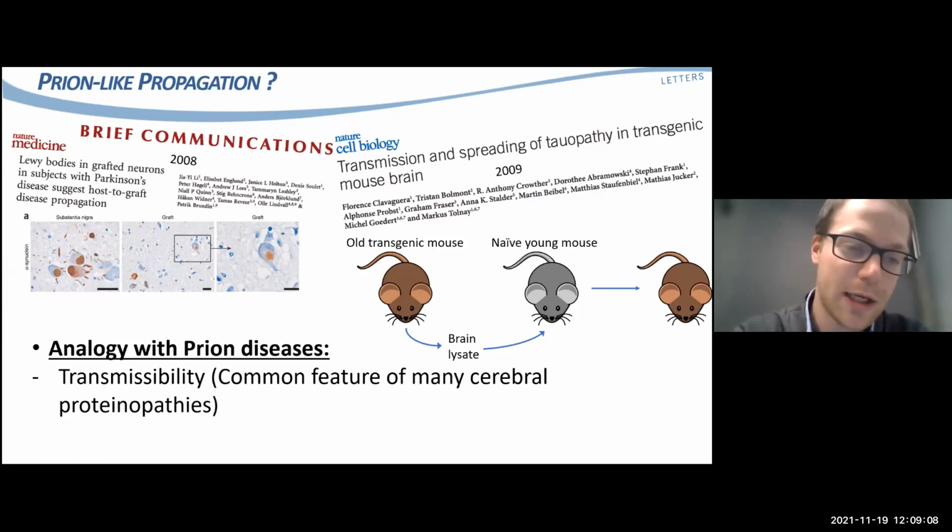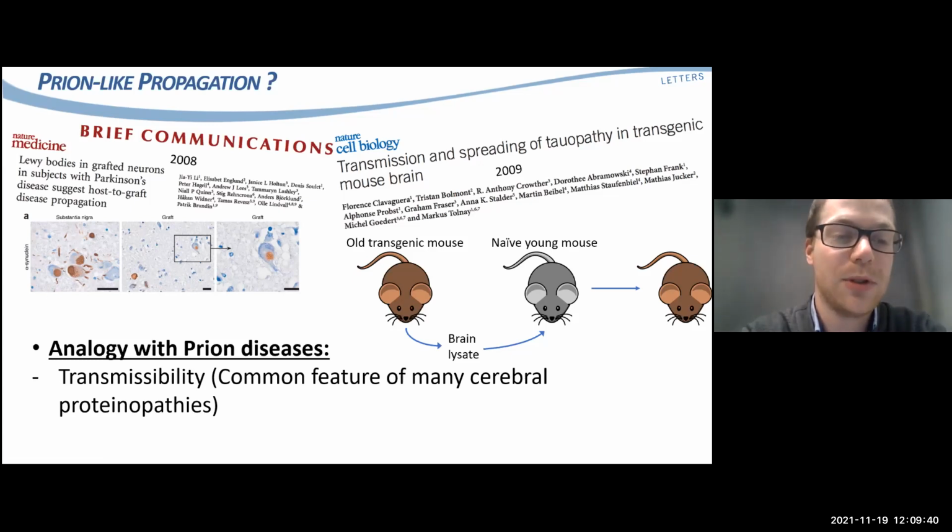And we had some hints in the early, like 2008, 2009, that it was actually the case, at least for 2 of these other misfolded proteins in the brain, alpha-synuclein and tau, and also amyloid beta, actually. So with alpha-synuclein, some people did a graft of neurons into a diseased brain, and the neurons were totally fine.